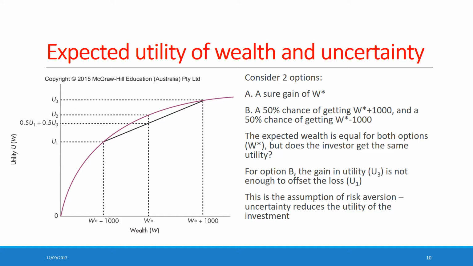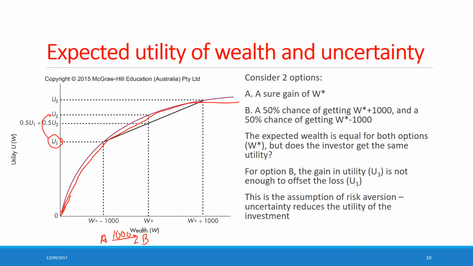For the moment, just forget about the numbers on the graph. We're just looking at the shape of the curve. This is a concave curve, and what it means is that if you move from, say, A to B, if you increase your wealth by $1,000, your utility increases from U1 to U2.